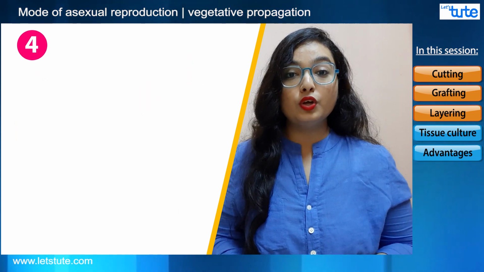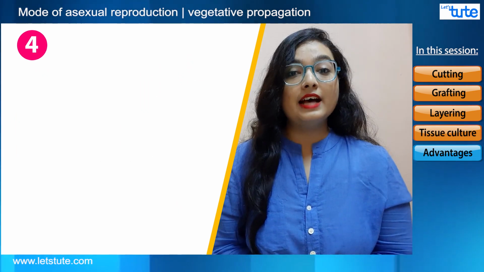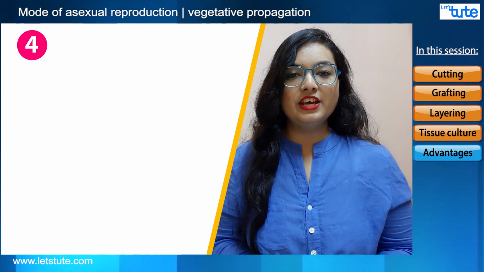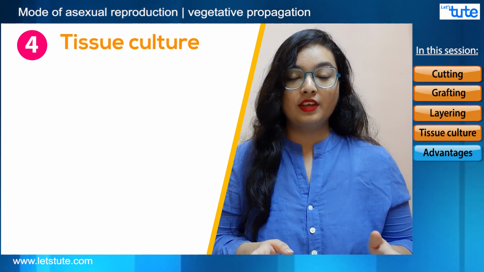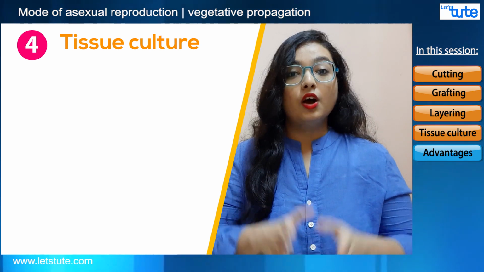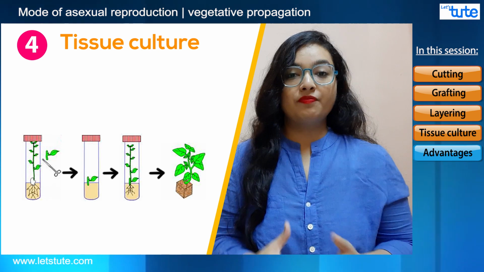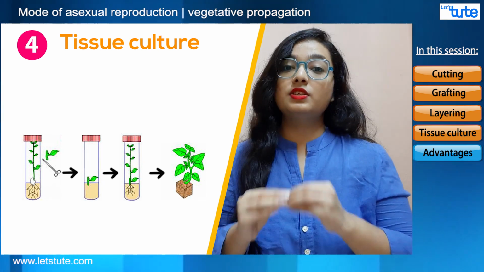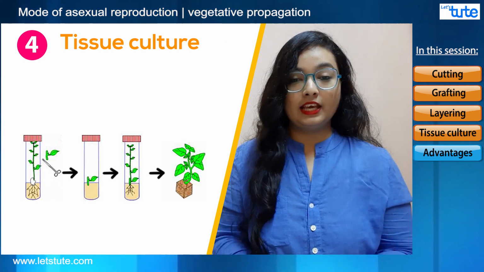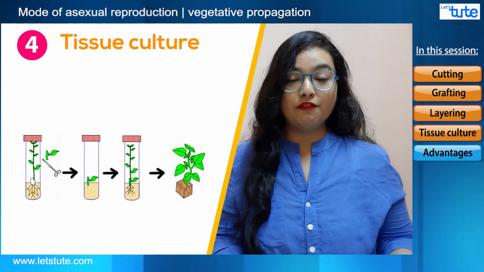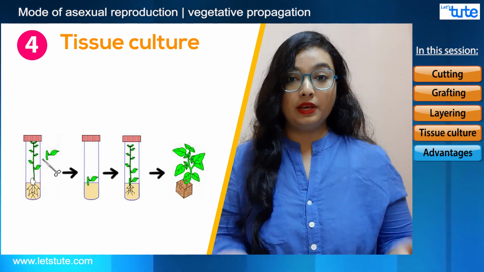Now moving on to the fourth and the last method of artificial vegetative propagation. This method is known as tissue culture. Now tissue culture only occurs by scientists in laboratories. In this, tissues or cells of a plant are taken and put into an artificial medium which is known as media.